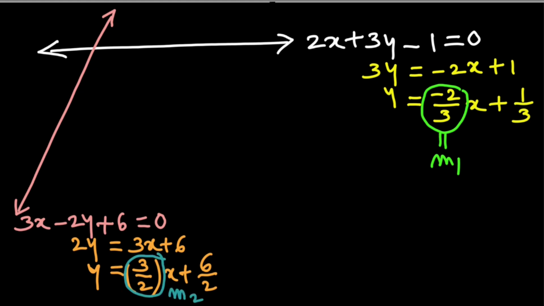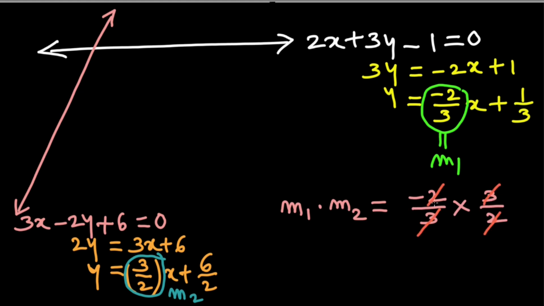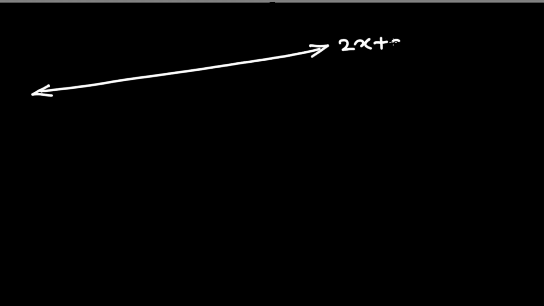Now let us take the product of these two slopes m1 and m2. m1 multiplied by m2 equals minus 2 by 3 multiplied by 3 by 2. 3 gets cancelled, 2 gets cancelled, and we are left with minus 1. Since the product of the slopes of the given lines is minus 1, we can say that these two lines are perpendicular to each other.